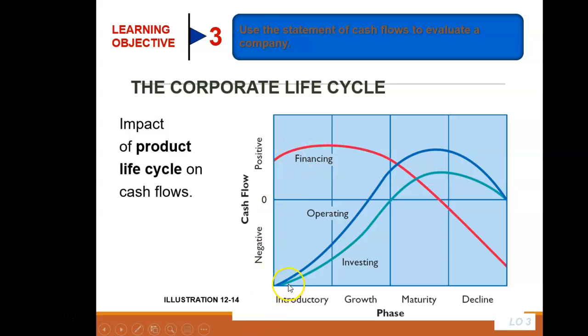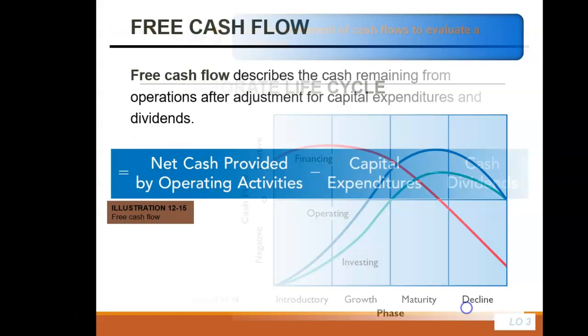At that time, the investing and operating cash flow will be smaller, but as the product grows, you're going to have more funds coming in from operating and investing, and there should be less money spent on financing. So this is just showing the cash flow through the product life cycle from the introductory phase over to the decline phase for your product. Almost there.